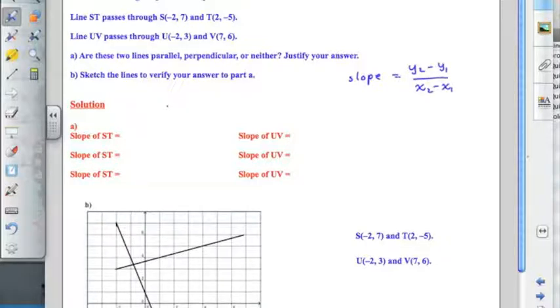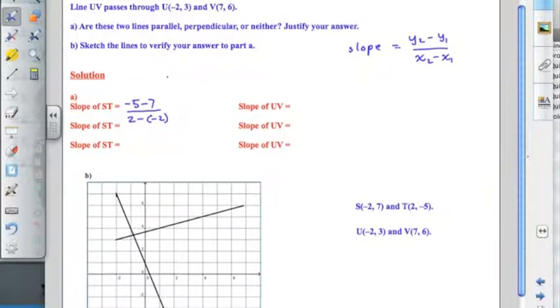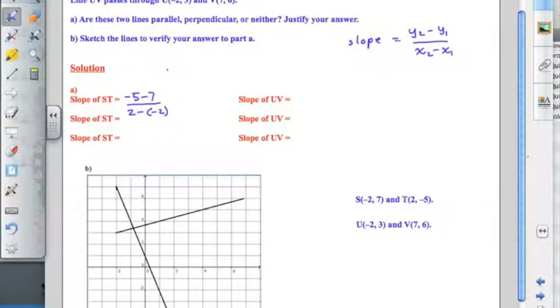So my change in y, I've got -5 subtract 7, divided by my change in x, which is going to be 2 subtract -2. Okay? So -5, I'm going to run out of room here, so I'm just going to continue on over here.